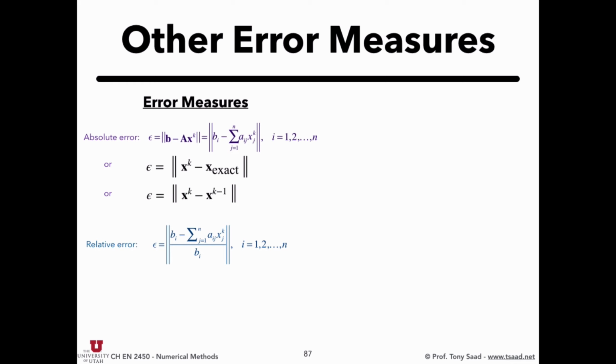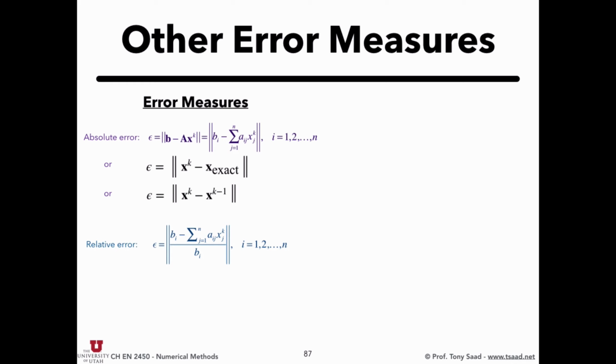If you use the first error measure and you're dealing with temperatures in the range of 300 kelvins, what is the scale of the tolerance? When you say a tolerance of 0.1, what does that mean? I honestly don't know. But if I tell you I want a tolerance of 0.1 over here, this would be T at iteration k minus T at iteration k minus 1. This is telling me that I'm willing to tolerate an error of 0.1 Kelvin in that difference.